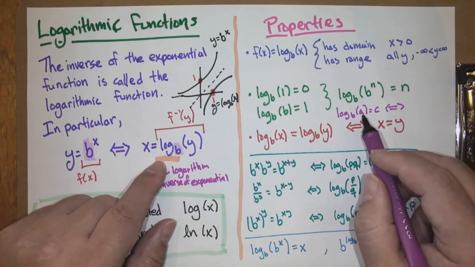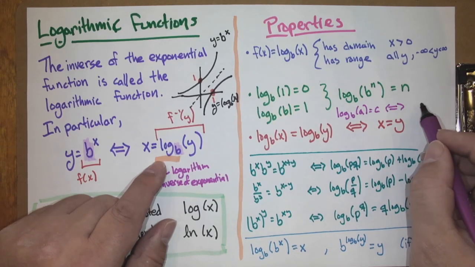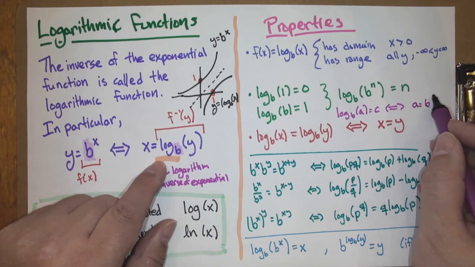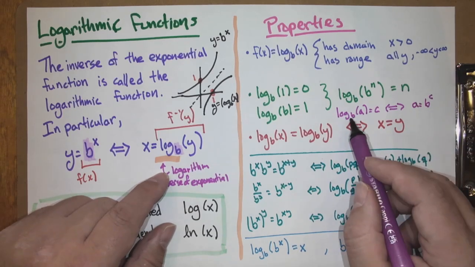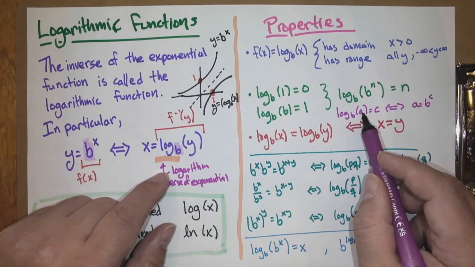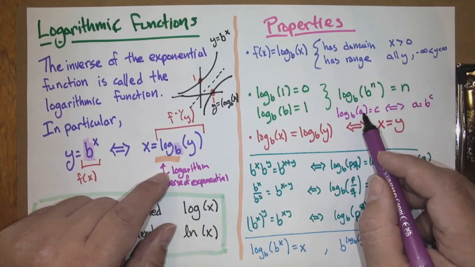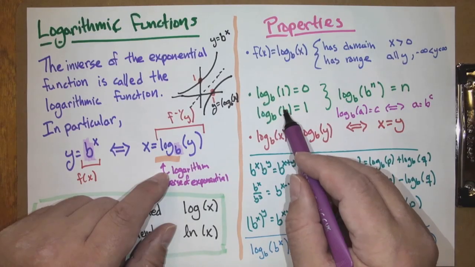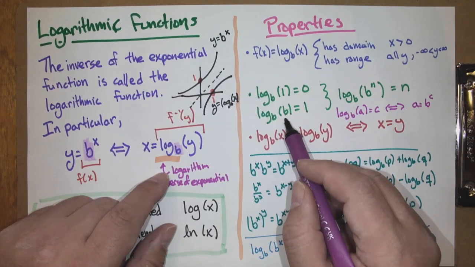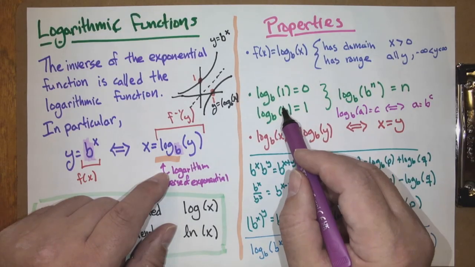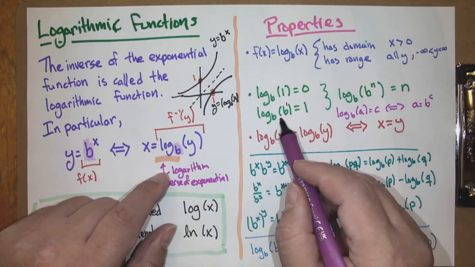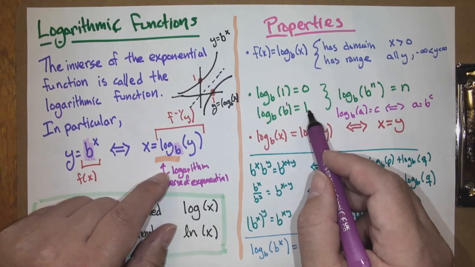That says a is equal to b to the power c. So if I'm looking at log base b of a, my question is, what power do I need to raise b to get a? So b to what power gives me b? The answer is b to the first power gives you b. So that's why log base b of b is 1.